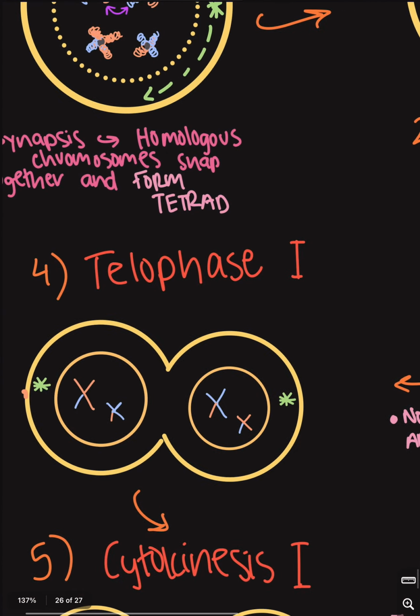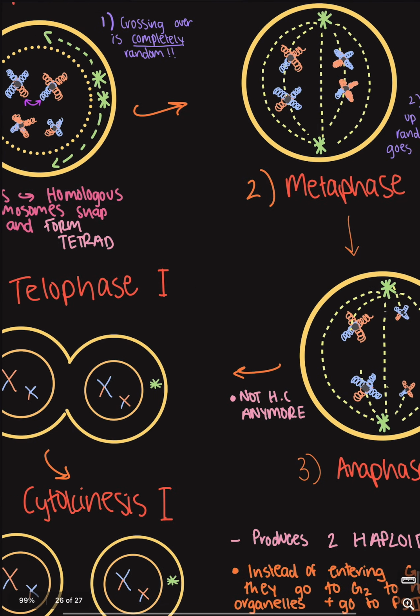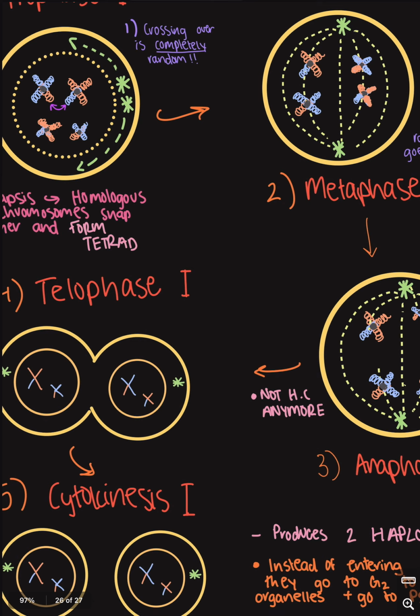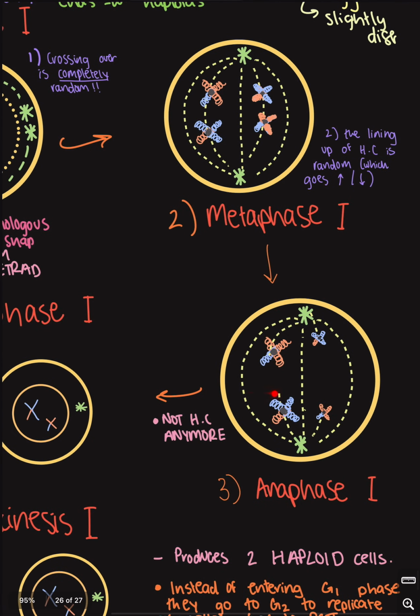And then in telophase 1, it's oriented differently, but the whole cell has elongated, and then a cleavage furrow occurs. And basically you saw here how the cleavage furrow occurs, right?